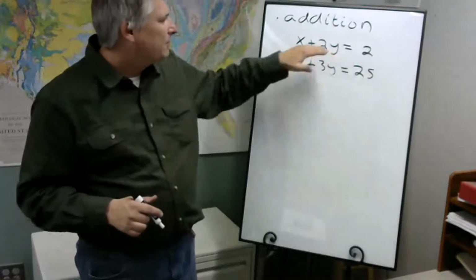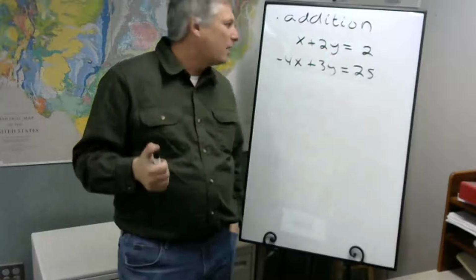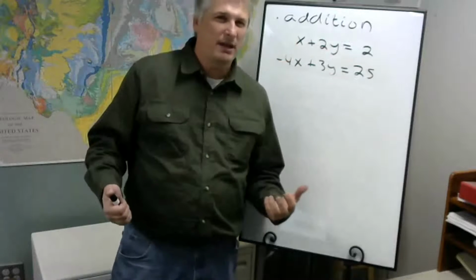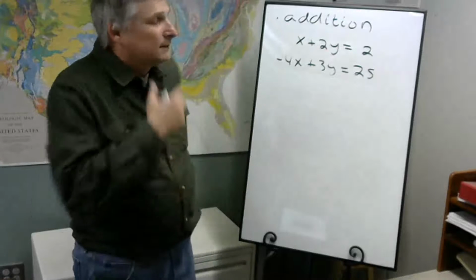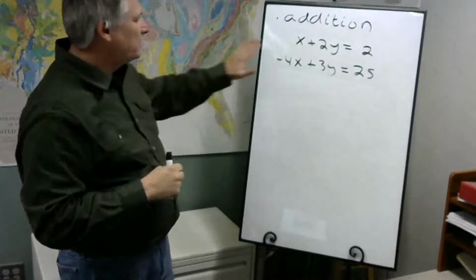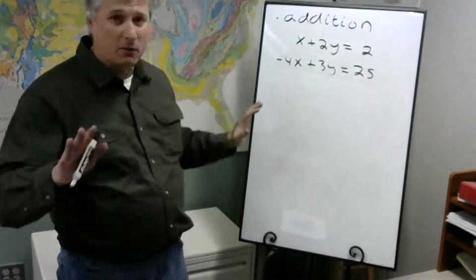Could we multiply both sides of this equation by some number that's going to cause either the x variable or the y variable to cancel? Well, what if we multiplied both sides of this top equation by 4?